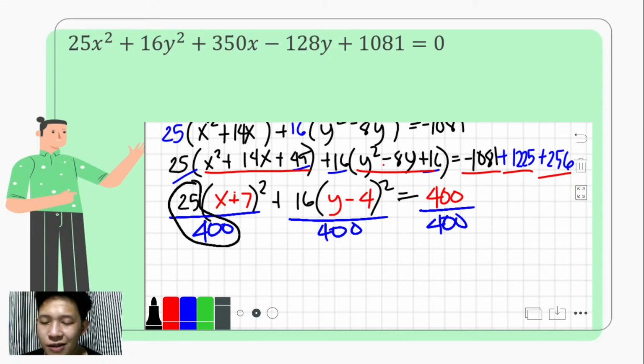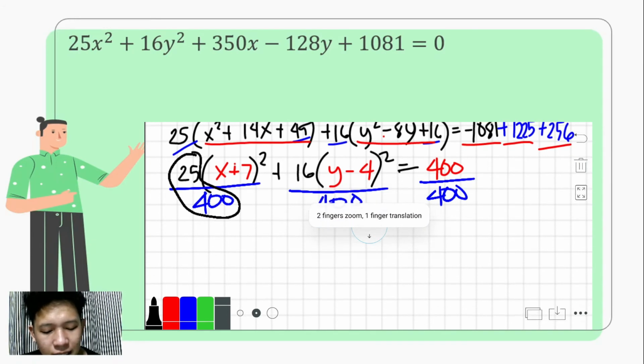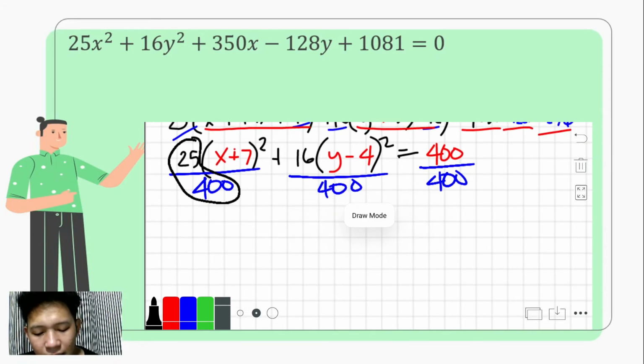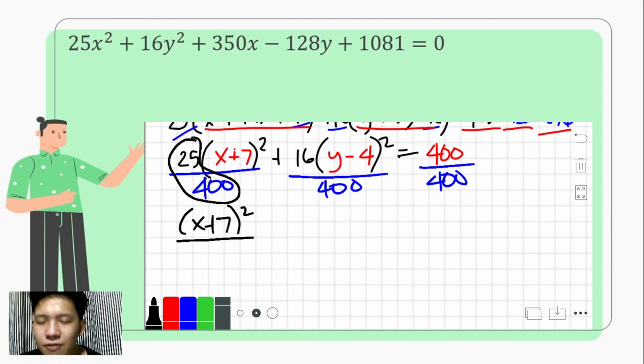what is 25 over 400? What remains in the numerator is x plus 7 squared over, so what is 25 over 400? That is actually 1 over 16.